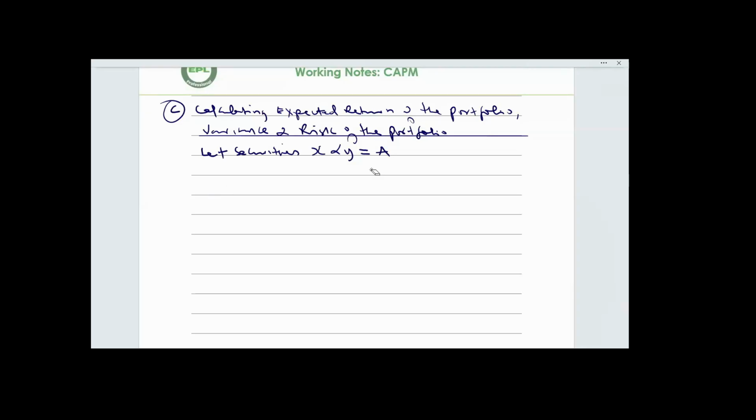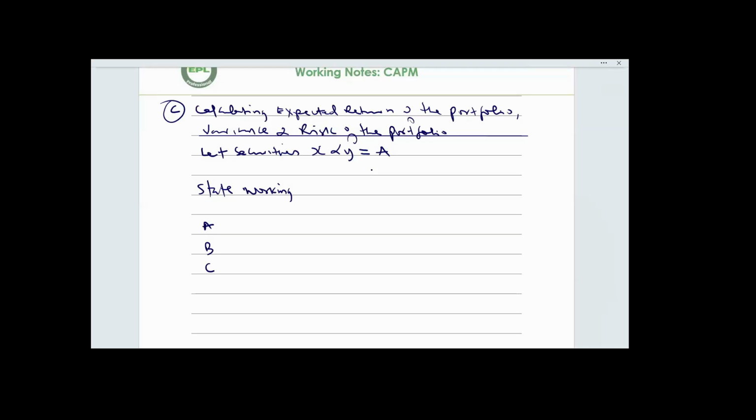Let's remove the possible, since it's only one. So just say states. We have states A, B, and C. Create a column for working, right?